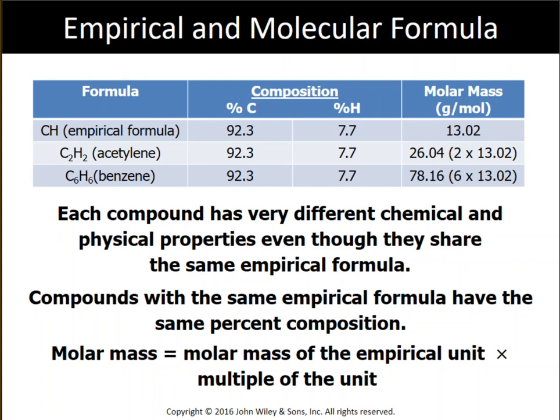Based on the percent compositions, experimental data, we're going to learn how to find the empirical formula, which is the smallest whole ratio between the number of atoms, and then we'll show how, based on the empirical formula, we can find the exact molecular formula of any given compound.